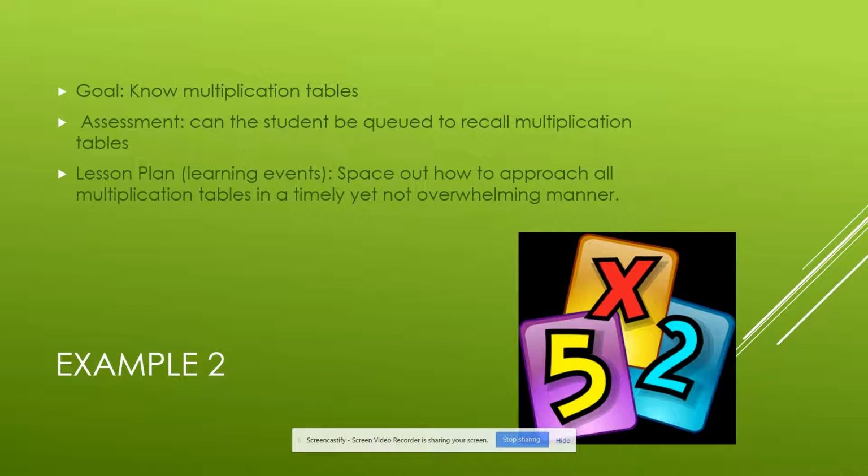The lesson plan would be to space out how you approach the multiplication tables, starting probably a week with the ones and the twos, next week threes, fours, fives, etc., working your way up to the 10s, 11s, and 12s so you don't throw it all at them at once, and reinforcing as you go to ultimately, by the end of the unit, have your students be able to recite their multiplication tables. Hopefully, it would be successful.